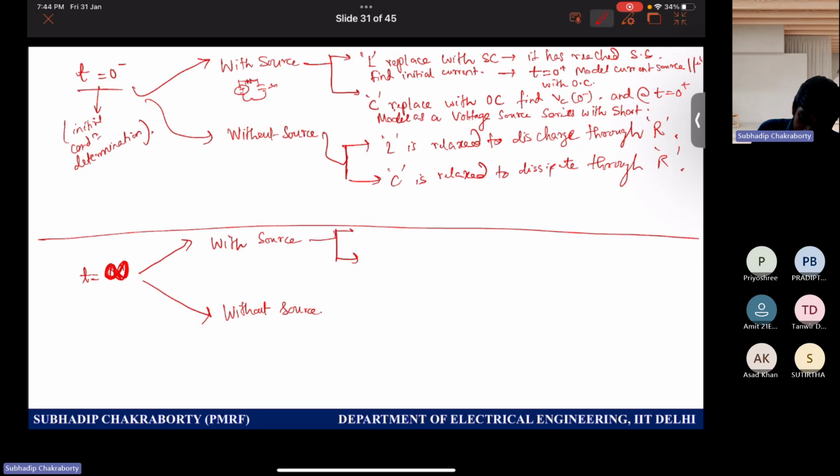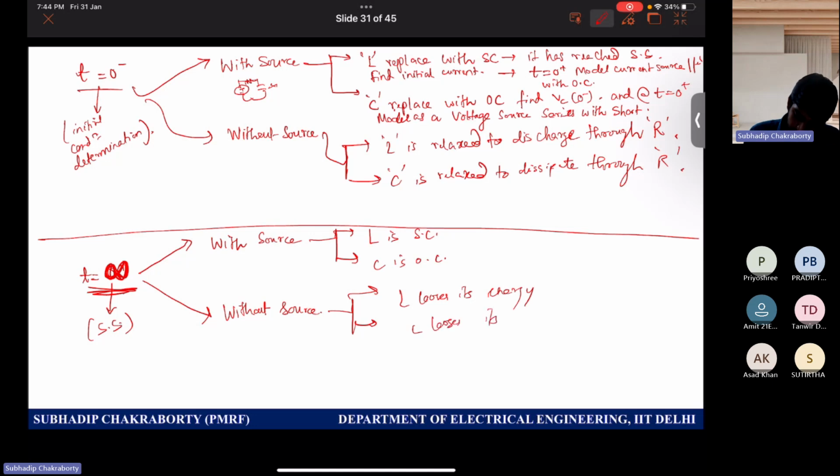Now, similarly with source at t equal to infinity, steady state, L is short circuited, C is open circuited. Similarly, without source, L loses its energy, C loses its energy. Similar analogy.